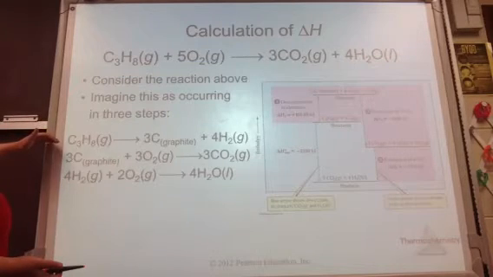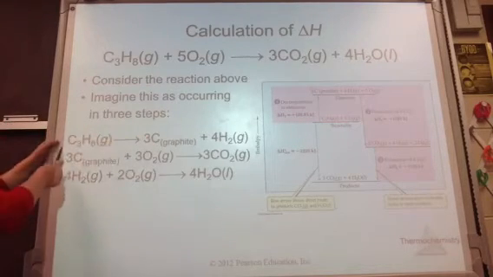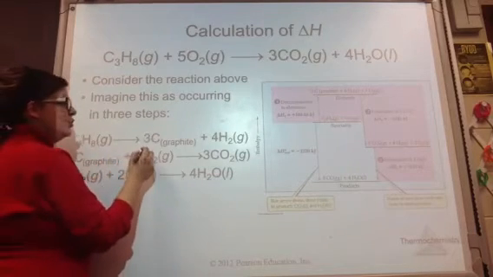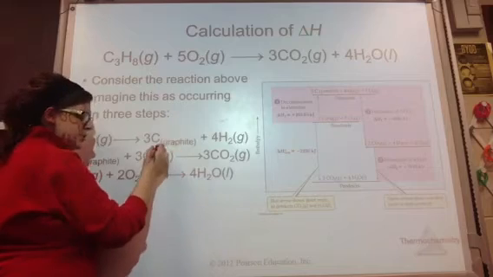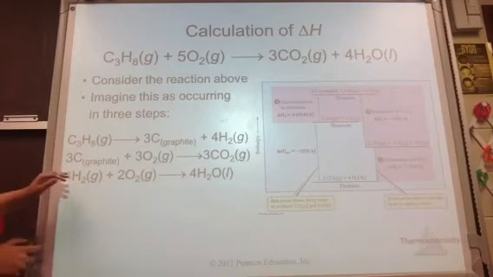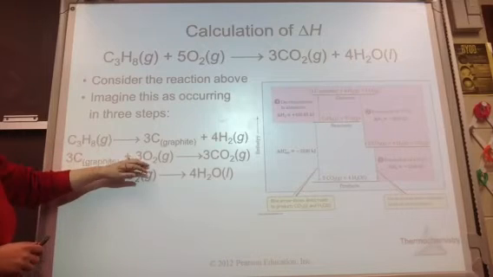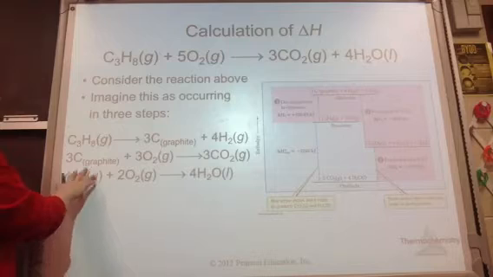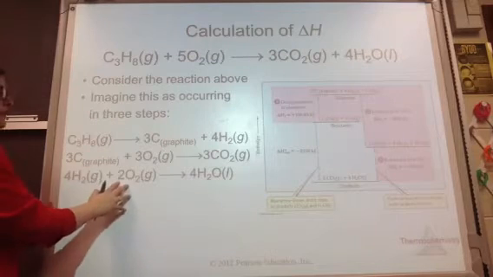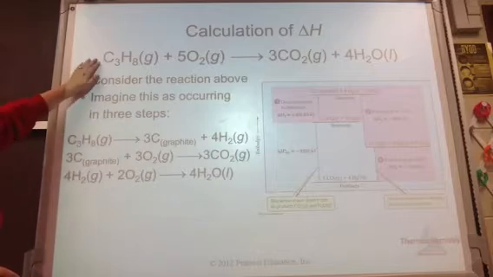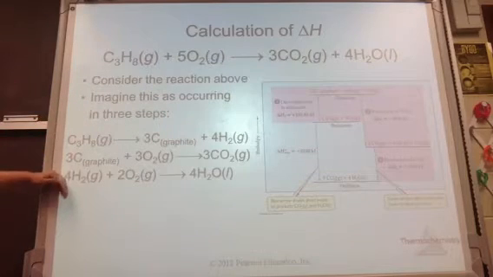I have my C3H8 decomposing into carbon in the form of graphite and hydrogen gas. Then the graphite reacts with oxygen in the air to form CO2, and the hydrogen gas reacts with oxygen to form water. So this reaction took place because of these 3 steps.